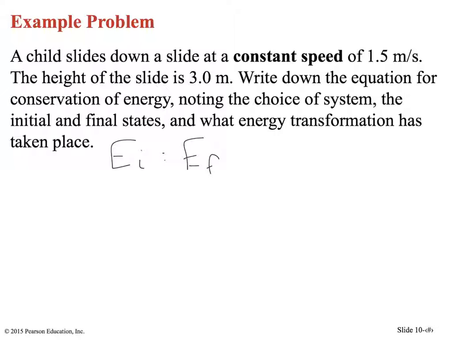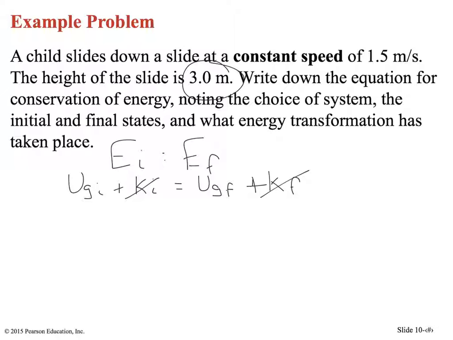So my initial energy, I have potential, gravitational initial, plus kinetic initial, should equal potential final plus kinetic final. Now the problem with this is there's a constant speed, so my kinetic initial and my kinetic final go away. But I can have an initial potential greater than my final potential because it dropped 3 meters.